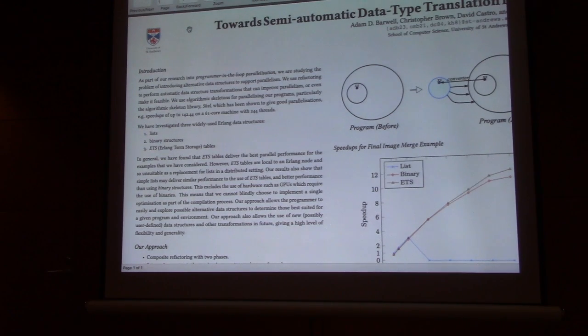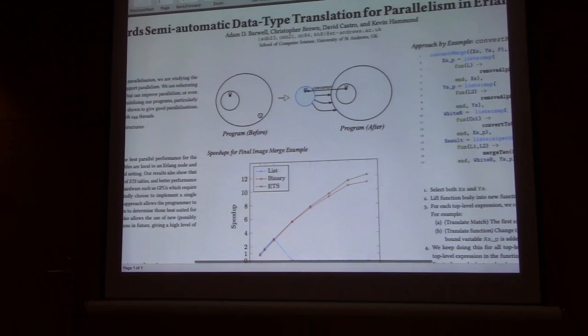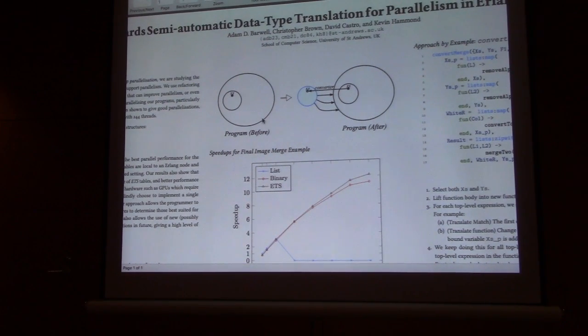So we started changing the data types for something that doesn't get copied, such as binaries or ETS tables. And we thought, well, maybe it's a good idea to do that automatically. So that's where this refactoring transformation was introduced.